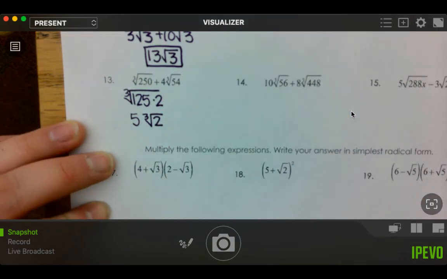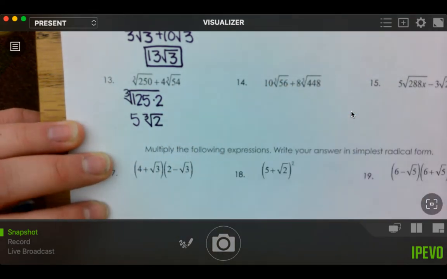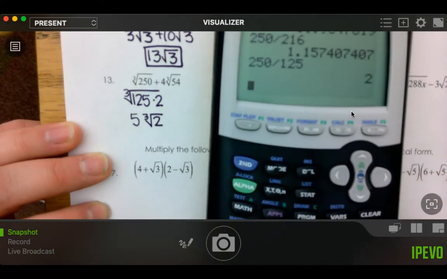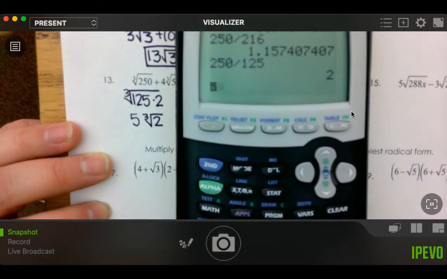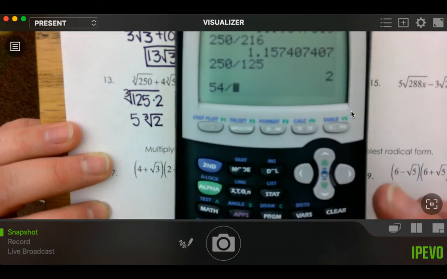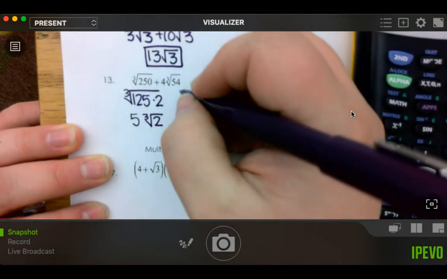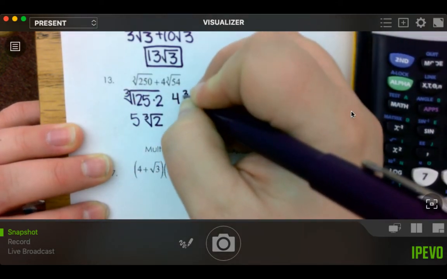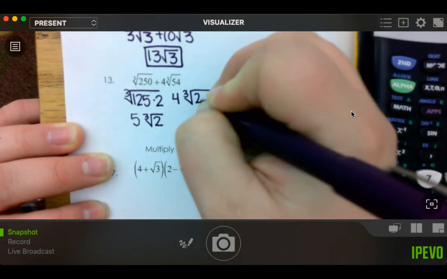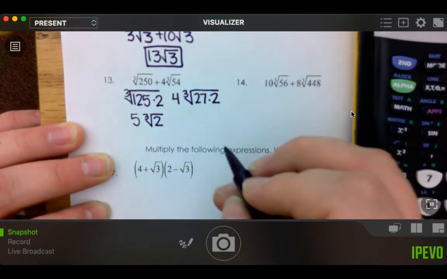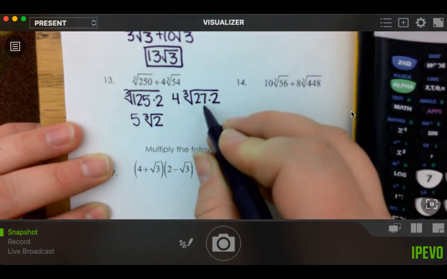And what we're hoping is that this one ends up being a cube root of 2 as well. I can try dividing 54 by 27. There we go. Okay, it's 27 times 2. And the cube root of 27 is 3.